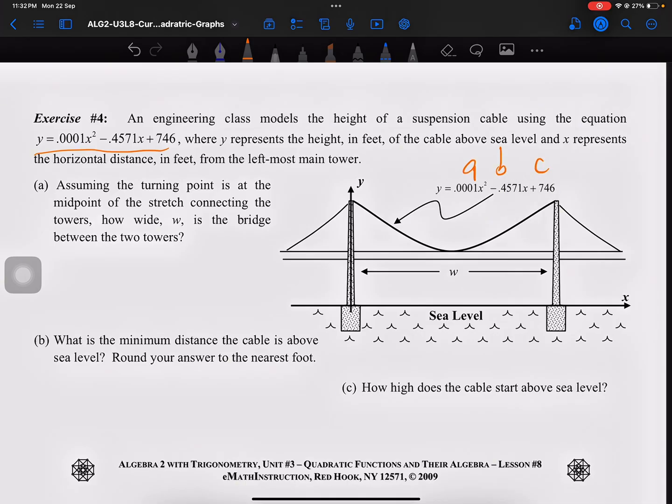So to find the turning point, x is negative b over 2a, negative 0.4571 over 2 times 0.000001.